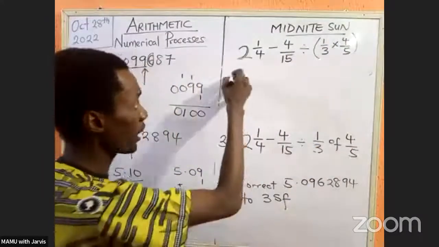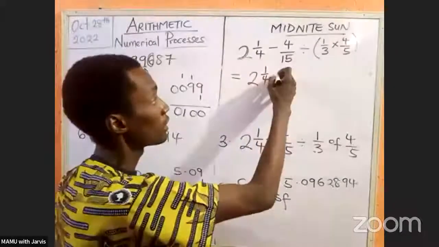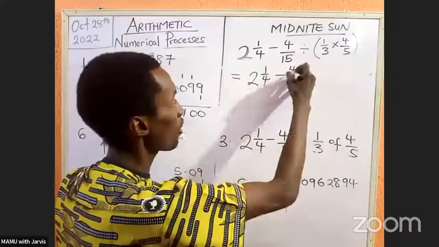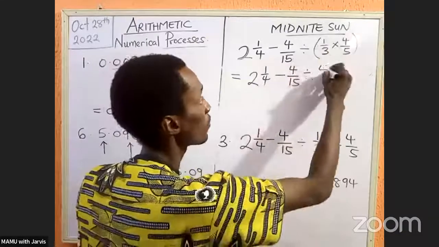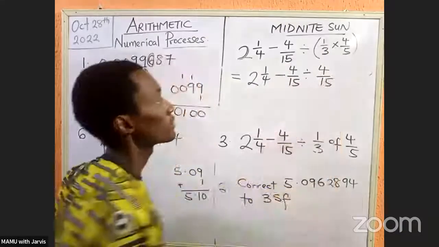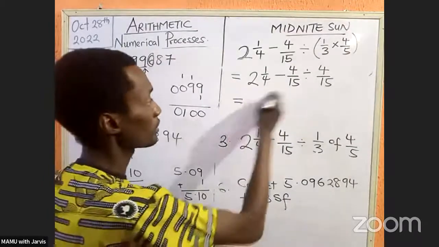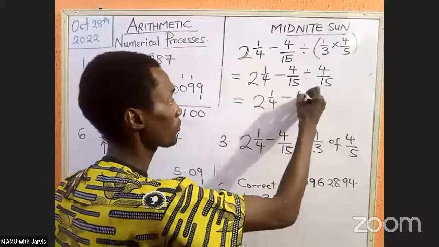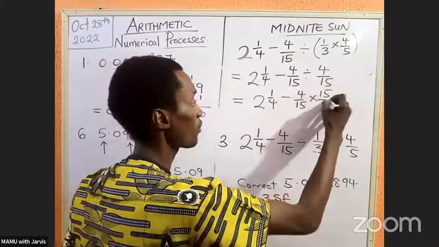Now the next thing will be 2 1/4 minus 4/15 divided by 4/15. Is that okay? This will now be 2 1/4 minus 4/15 times 15/4.